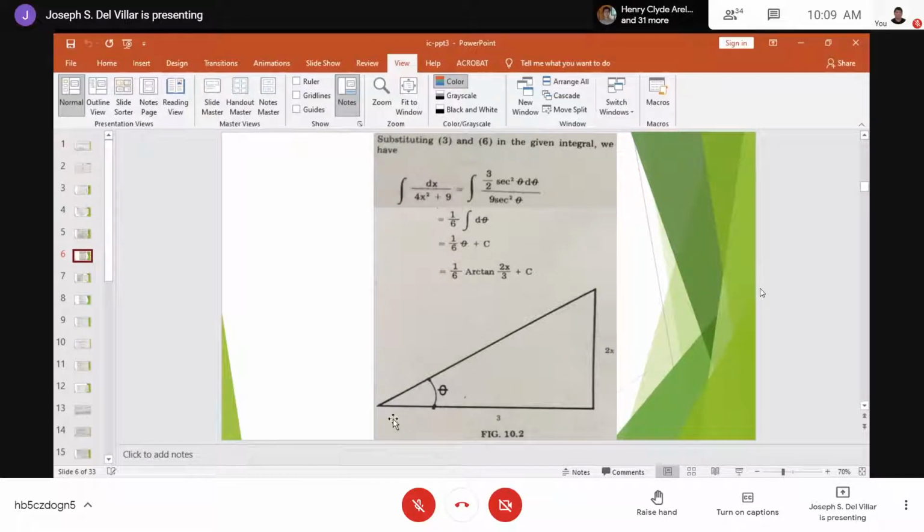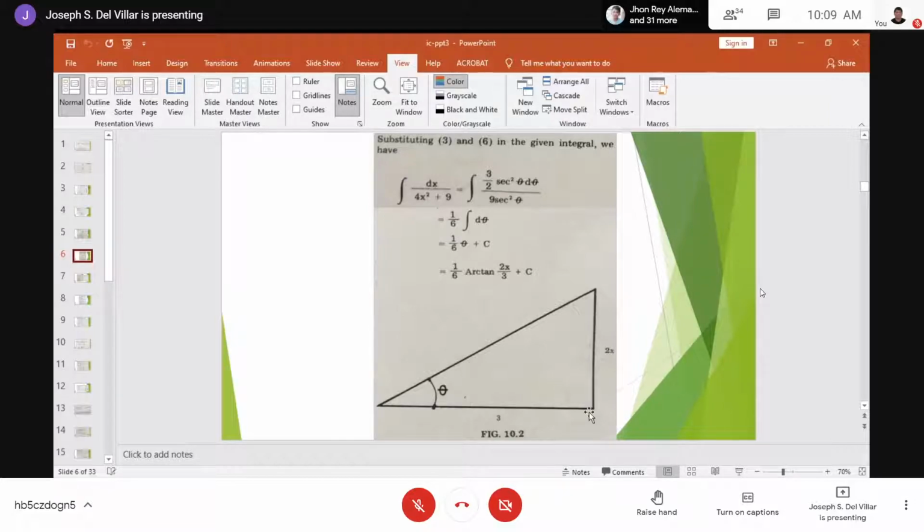And the other side of the right triangle is 3. Okay? Kasi tangent nito, no? Tangent ng theta is opposite, which is 2x divided by the adjacent. Okay, the adjacent to the angle theta, so that is 3.